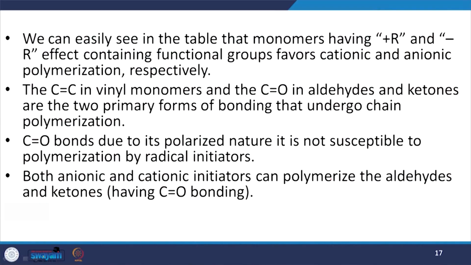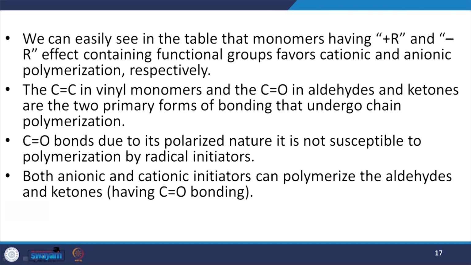Similarly, N-vinyl carbazole, aldehydes, ketones, etc. Before we proceed further, we must have this information handy, so that we can design our polymerization process accordingly. Now, if you see in the table, the monomers having a plus R or minus R effect, containing the functional group, favor cationic and anionic polymerization respectively.